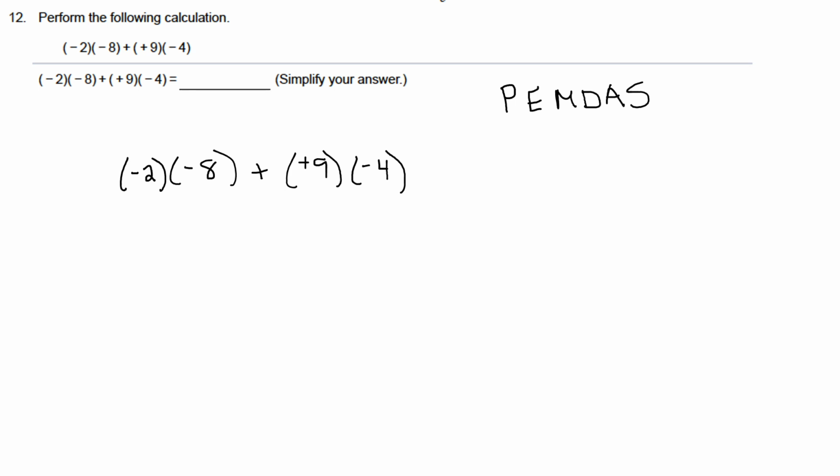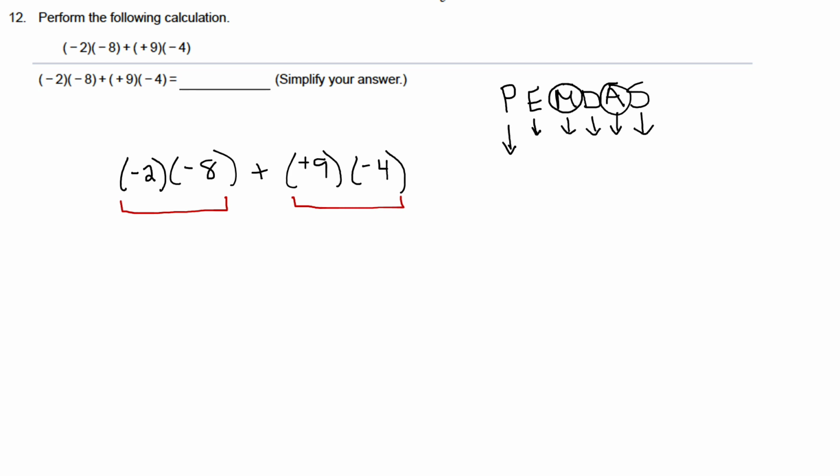The P stands for parentheses, E is exponent, M is multiplication, D is division, A is addition, and S is subtraction. As you can see, multiplication comes before addition. That tells me that I'm going to multiply these numbers together first and then add them.